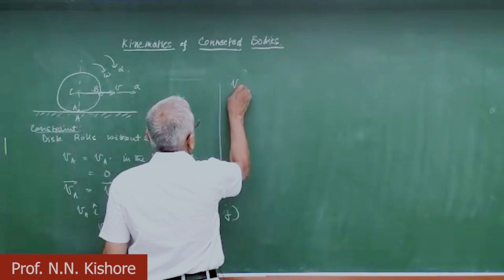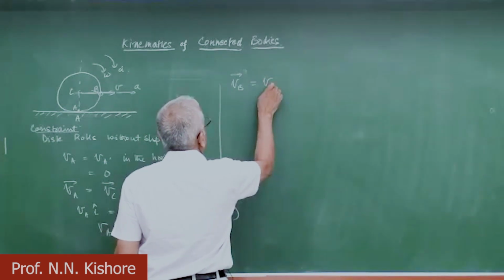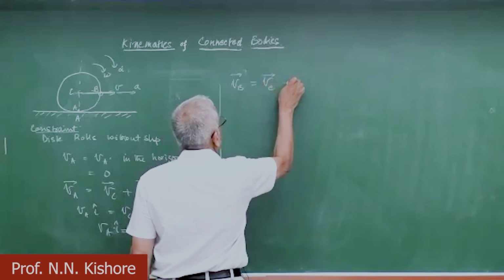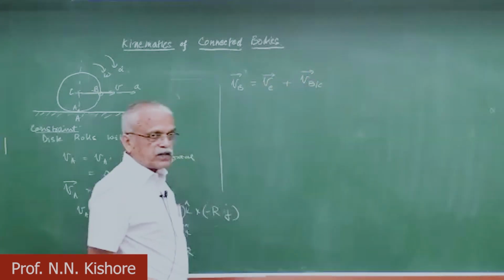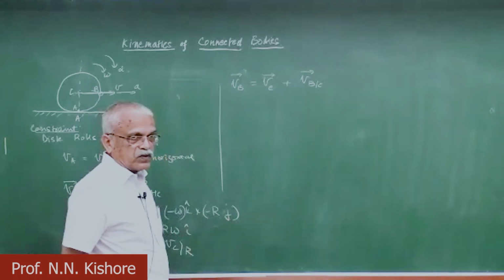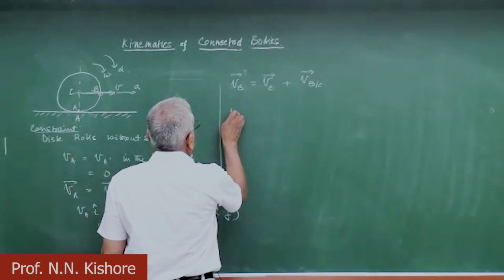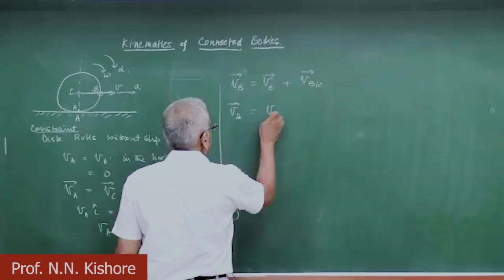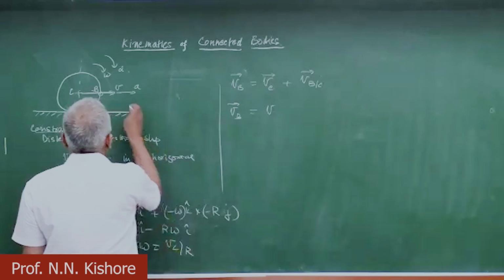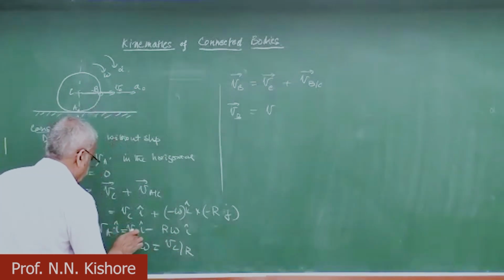So velocity of B is velocity of C plus B with C. Without going into too much, I'll straight away write the velocity of B. VC is V, but we'll put it as V naught and A naught, just for the sake of no confusion.